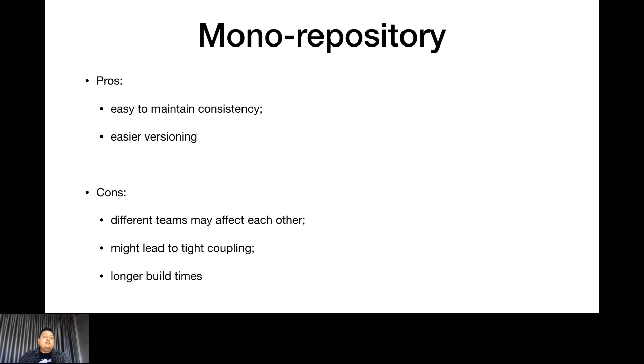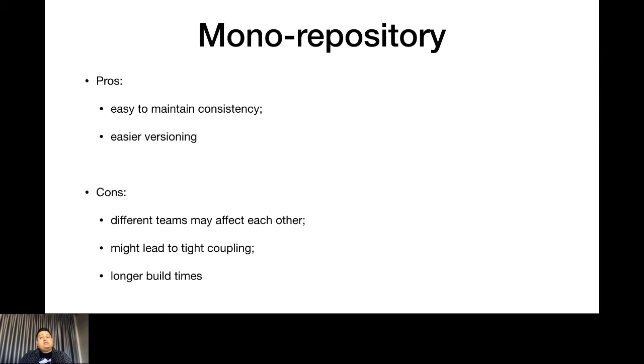It also may lead to tight coupling, because when we have the services placed one under another in the repository structure, it might be tempting to create a strong coupling between the microservices. And the last thing is that we will have longer build times, because, okay, we don't have multiple CIs, but then we need to fetch all the code in every case.